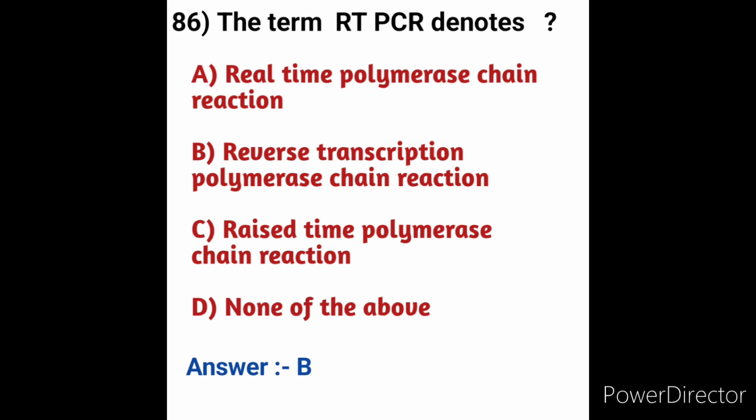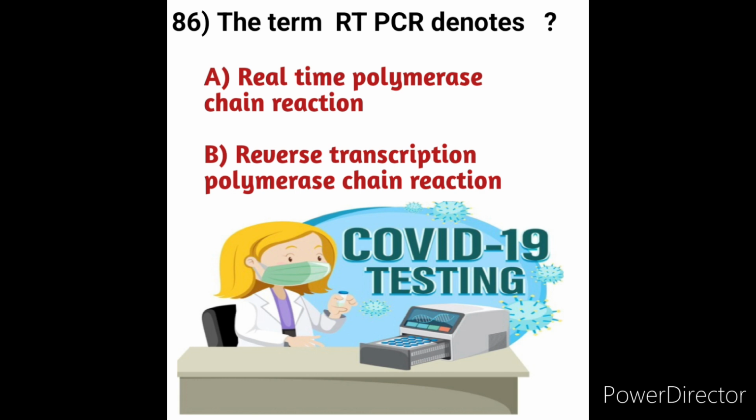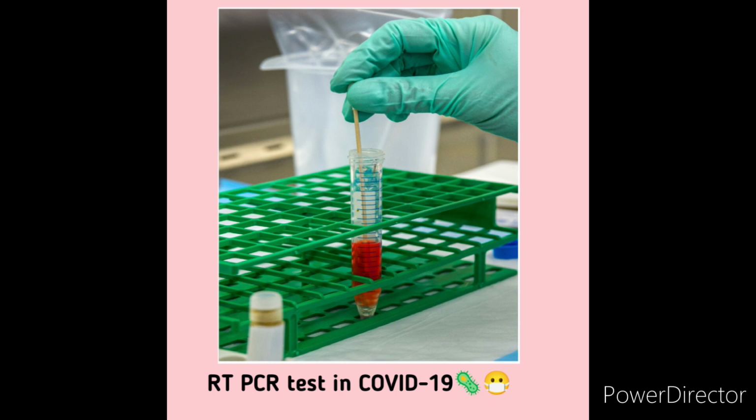RT-PCR enables detection of specific genetic material in pathogens, including viruses or bacteria. It is a laboratory technique combining reverse transcription of RNA into DNA and amplification of specific DNA targets using polymerase chain reaction. So RT-PCR means option B.